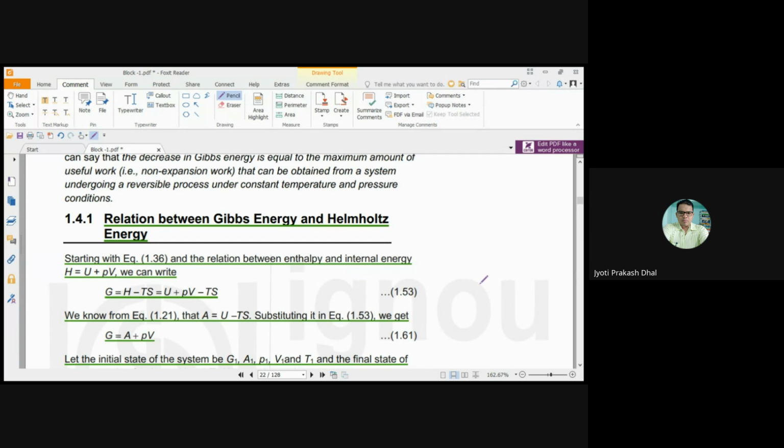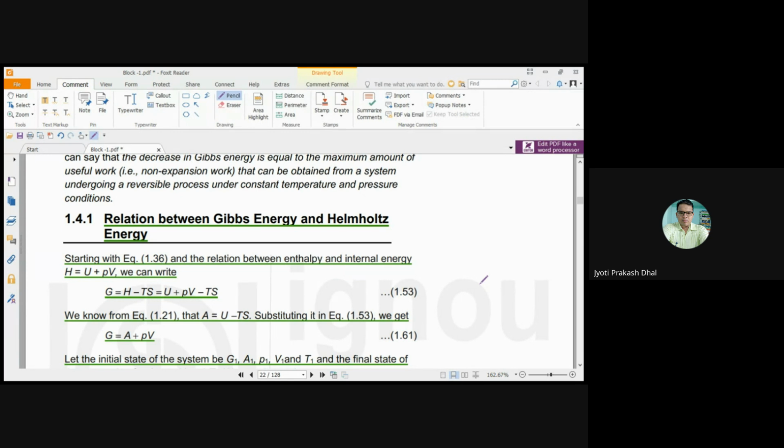From equation 1.36, we have defined G equals H minus TS, and putting the value of H, that is U plus PV, G equals U plus PV minus TS. Again from the Helmholtz condition, in equation 1.21, we have studied A equals U minus TS.